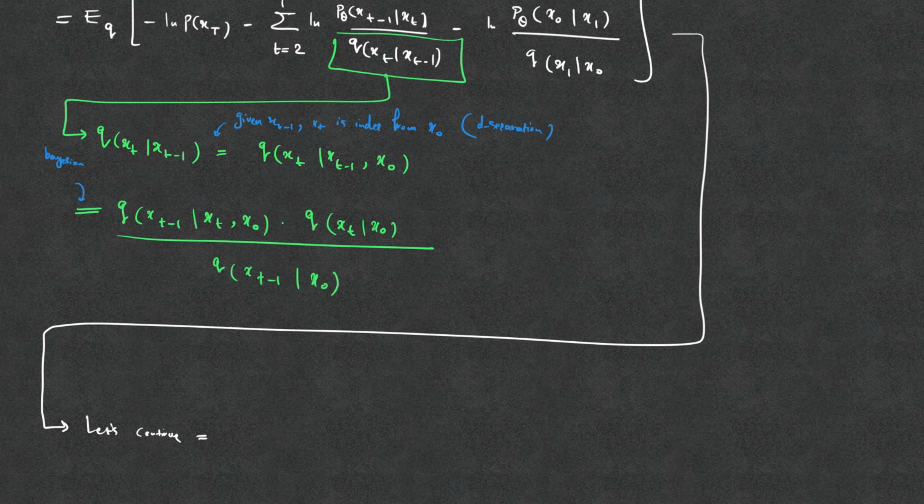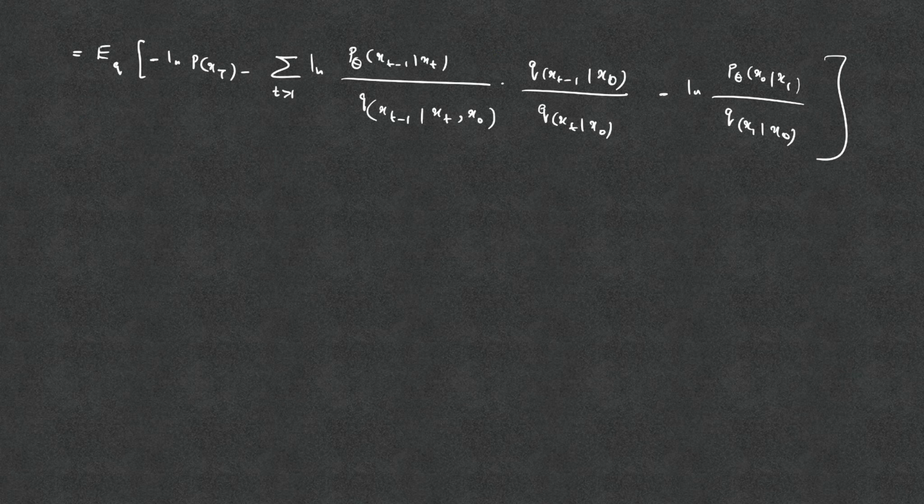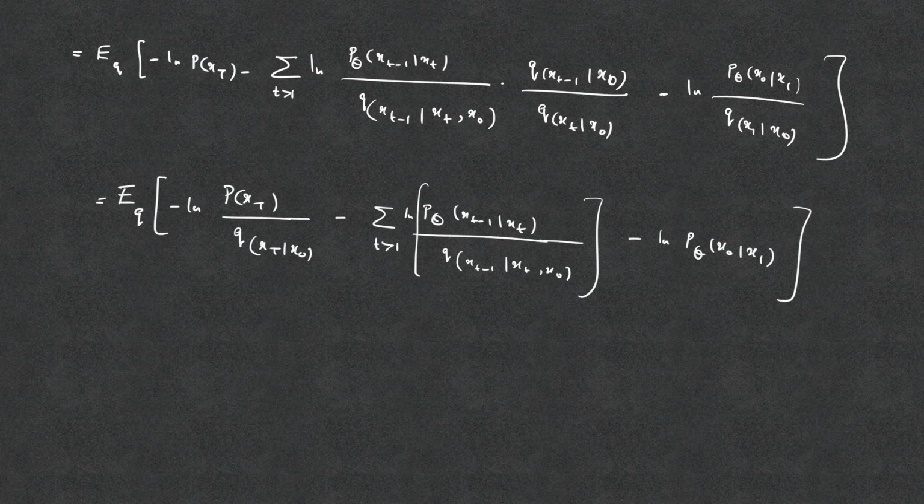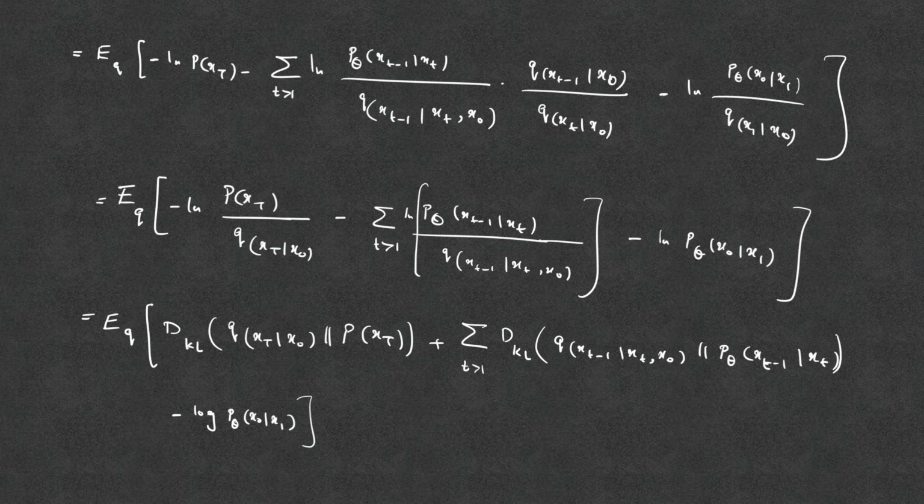So let's combine. By writing the q of xt minus 1 given xt like this, you have this new formulation, which will be simplified like this. As you can see, this q of x1 and x0 has been removed, and on the left side you also have this additional q of xt given x0. If you look at the first one, you can take this negative sign and move it on top.